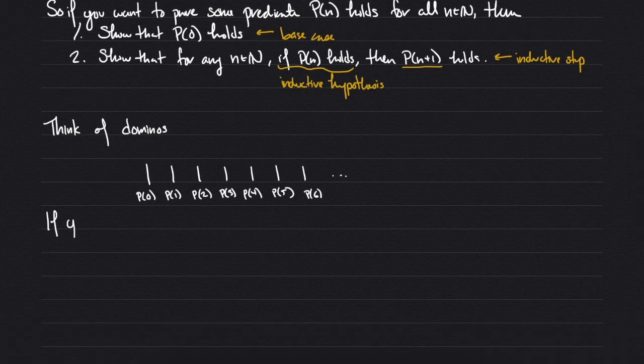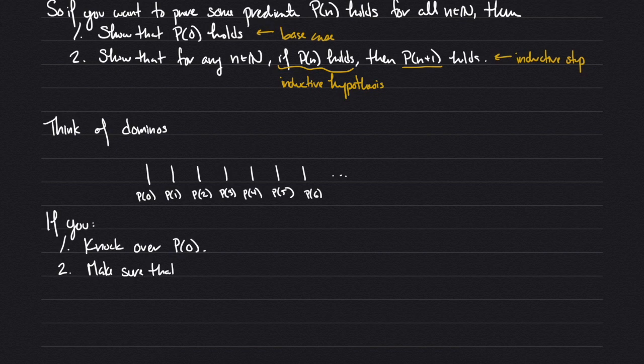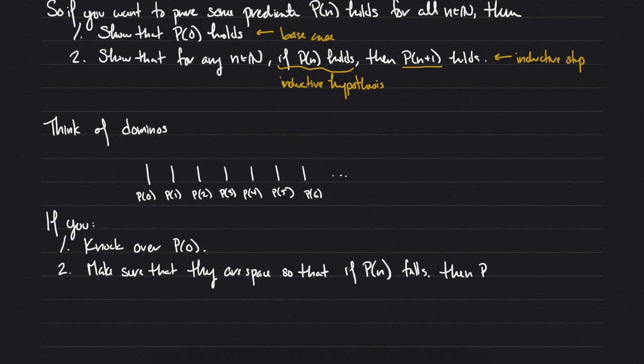So the picture we should have is that if we do two things: first, knock over P of 0, which is akin to proving P of 0 in our analogy, and second, make sure they are spaced so that if P of n falls or is proven, then P of n plus 1 falls or is proven.